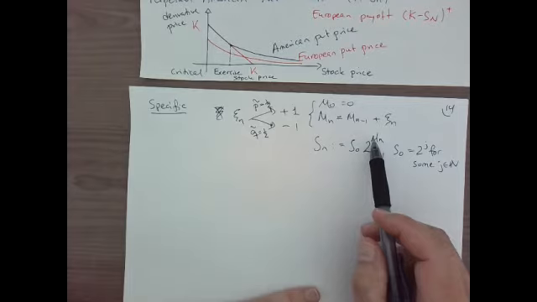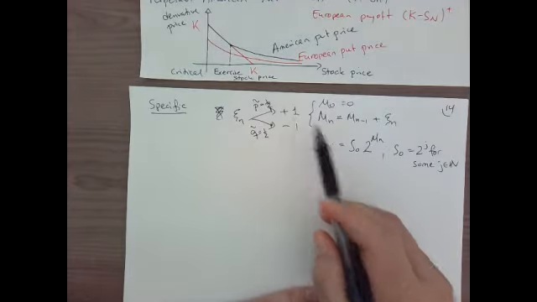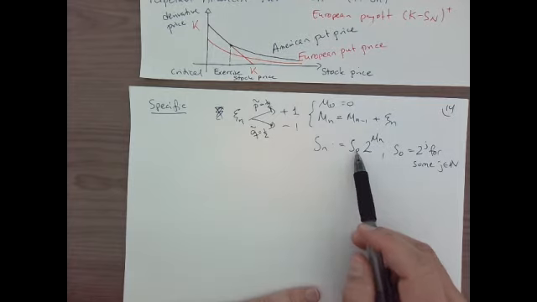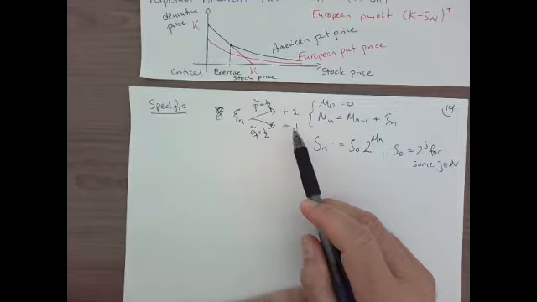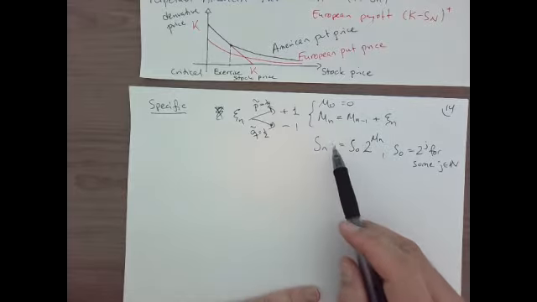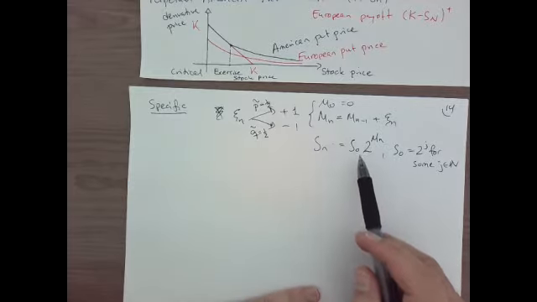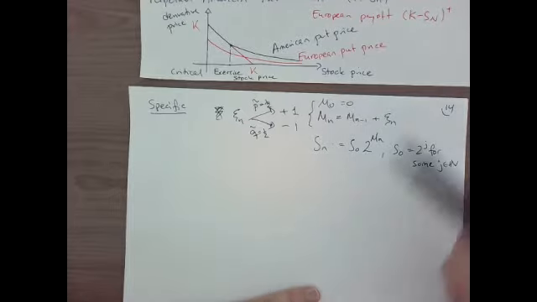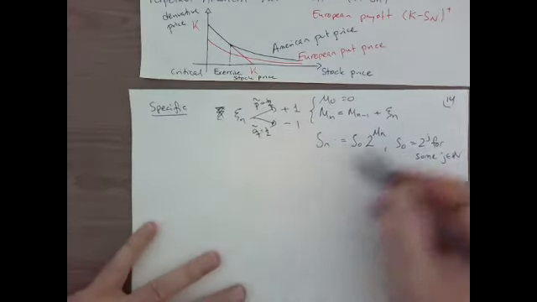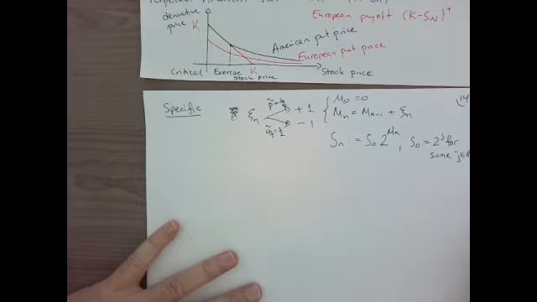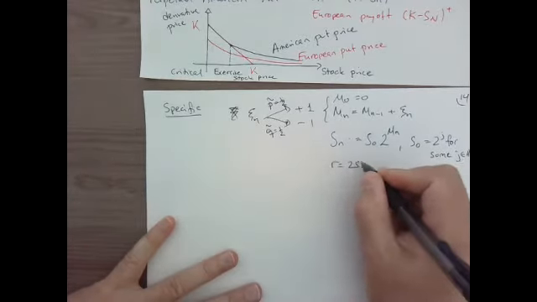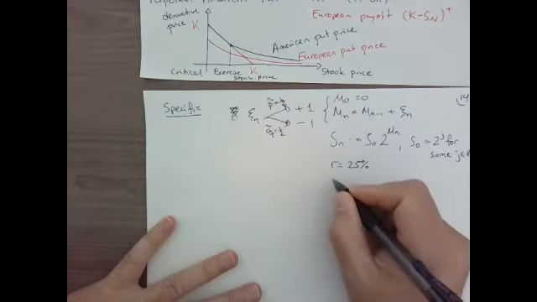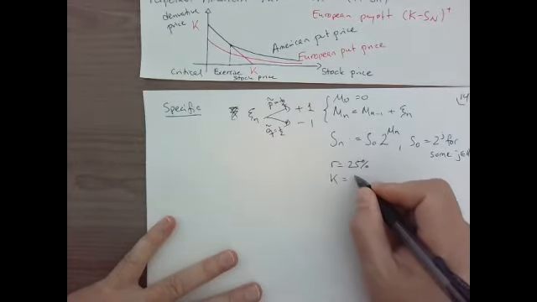If the first coin flip is heads, then S1 is equal to the initial value times 2. If the first coin flip is tails, then the first stock price is equal to S0 divided by 2. So this is the model that we've had many times before. So up and down is equal to 2, and the interest rate we're going to be working with is 25%. The strike price we're going to be working with is 4.